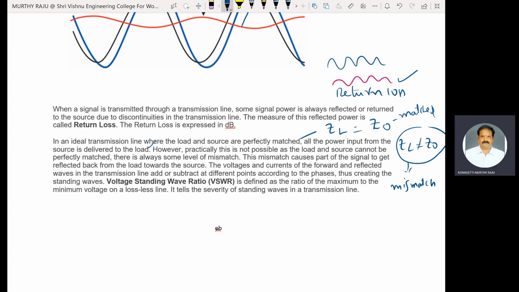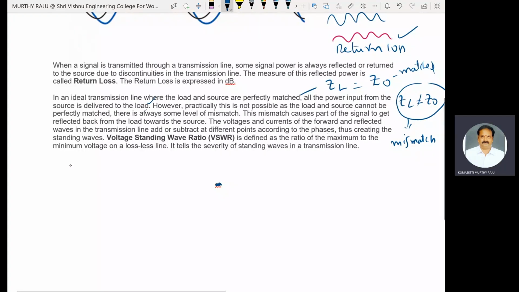Voltage standing wave ratio. VSWR is defined as the ratio of the maximum to the minimum voltage on a lossless line. It tells the severity of the standing waves in a transmission line. Two types of standing wave ratios are there: current standing wave ratio and voltage standing wave ratio.